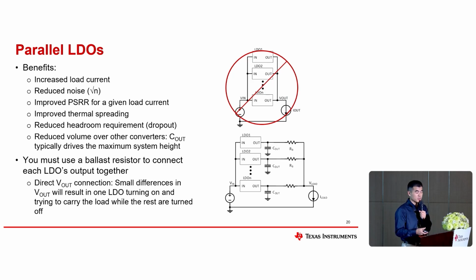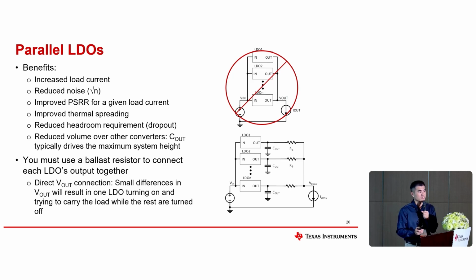So maybe we need to parallel the LDO. So in this case, this is the LDO parallel application. For the parallel LDO, there are more benefits, such as increased load current, reduced noise, improved PSRR, improved thermal spreading, and a reduction in headroom requirement.